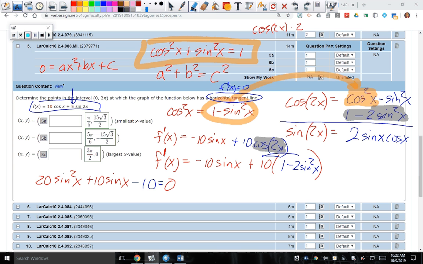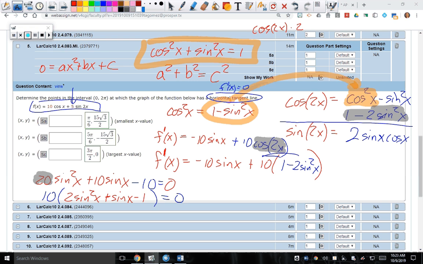Now, my goal in that was to get this positive. And then now I'm going to do what? GCF. I'm going to GCF out a 10. Okay? So then I'll have left over 2 sine squared plus sine of x minus 1. And then you're just going to factor.